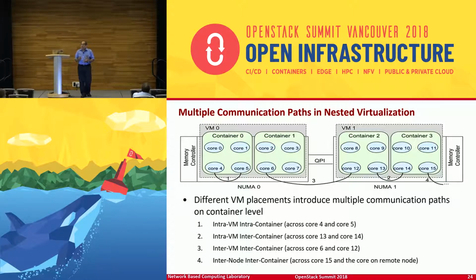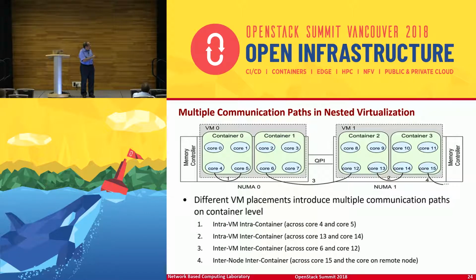Here you see NUMA 0 and NUMA 1, which is typically a 2-socket node, and typically the Intel one is connected with QPI. Let us say across cores 4 to 5, this is intra-VM and intra-container, so the communication is happening within the container and also within the VM.